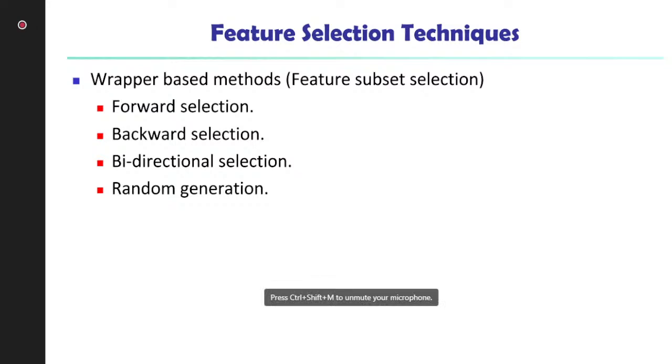If it is improving, then we keep both of them, feature 1 and feature 2, right? Otherwise, if the algorithm's performance is not increasing or is even decreasing, then we simply remove feature 2, because we get to know that adding feature 2 is not helping us at all. Then we select another feature 3, and we analyze it with the already selected subset. Let's say we previously selected 1 and 2 both, then we supply 1, 2 and 3, all 3, and see how the algorithm is performing.